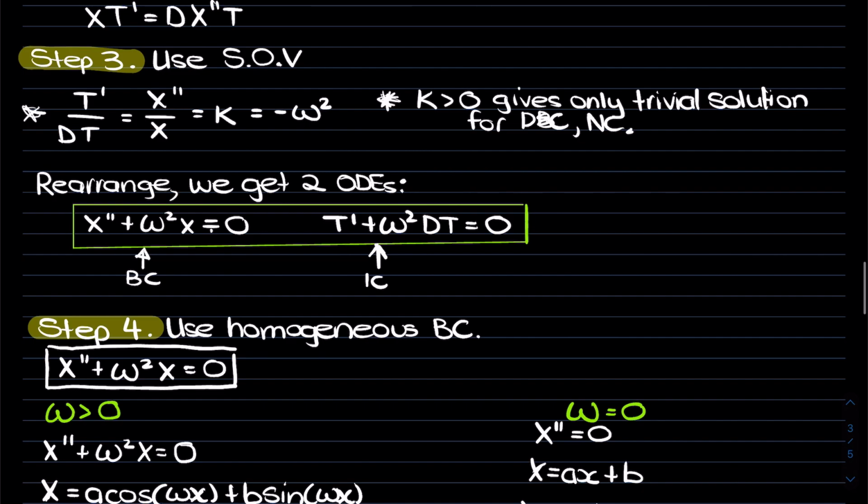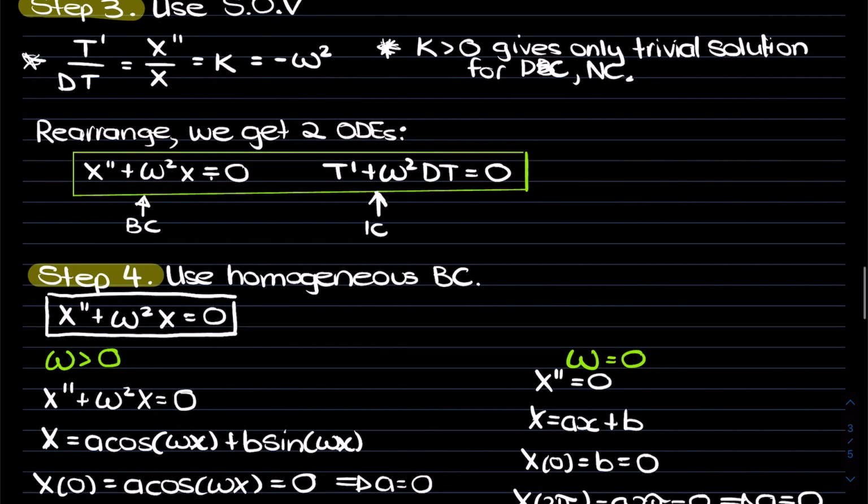We were then able to rearrange the partial differential equation, and that gave us 2 ordinary differential equations. We used our x variables for the boundary condition, and we used the equation with the t variables in it for the initial conditions.